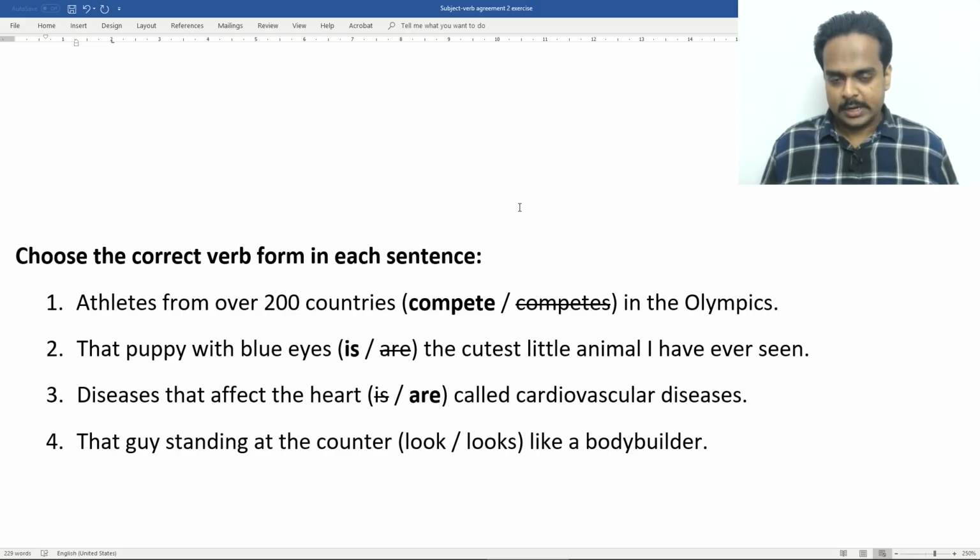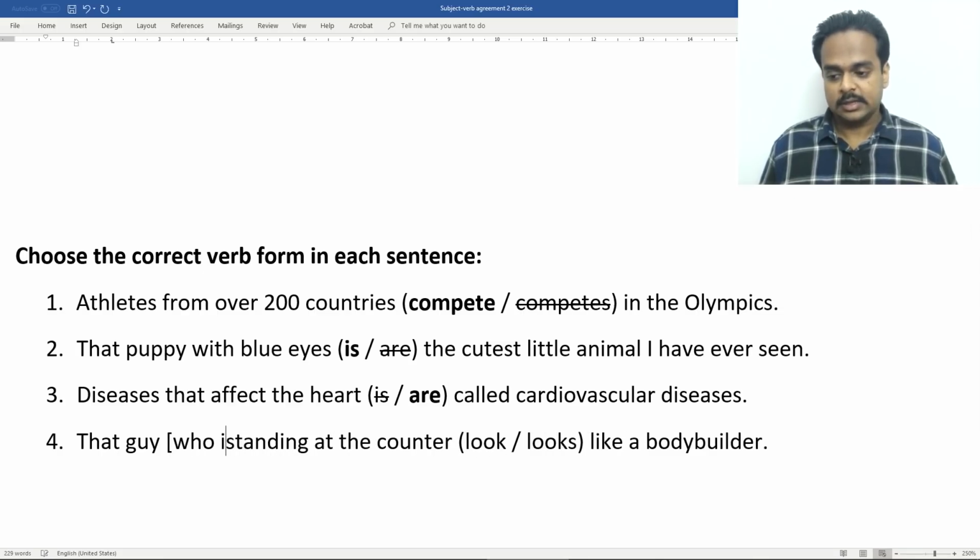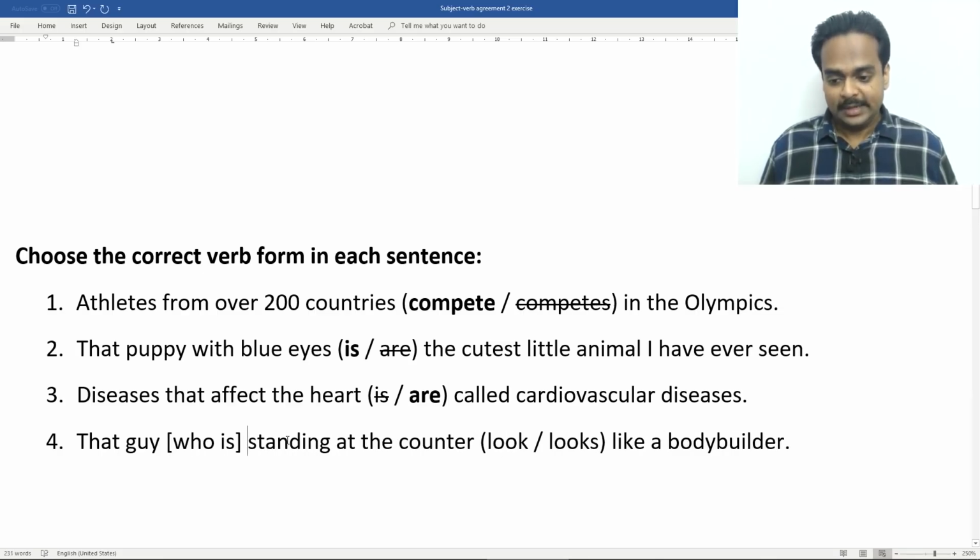Number 4 is a little tricky because what we have here is a relative clause. It starts from the word standing. Standing at the counter is the relative clause. Now you might be thinking, well, there's no relative pronoun like who, which, or that. That's because it's hidden here. This is basically that guy who is standing at the counter.